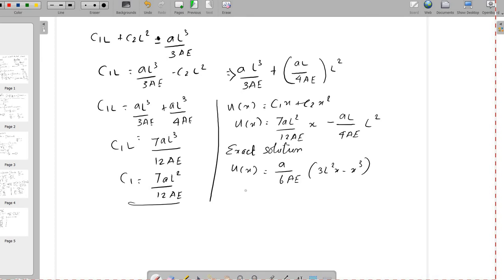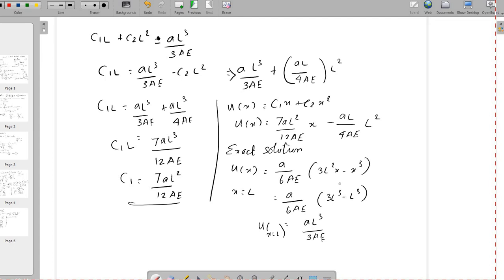You can verify from the first example we completed. When putting x equal to L, we get A by 6AE into 3L cube minus L cube, so it is 2L cube. 2 and 6 get simplified, so finally you get AL cube by 3AE. The displacement at x equal to L is AL cube by 3AE.